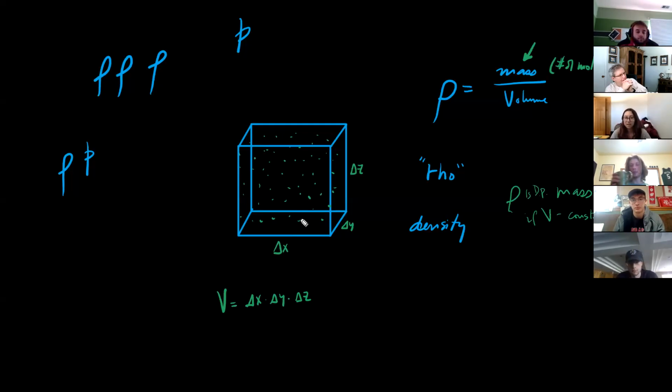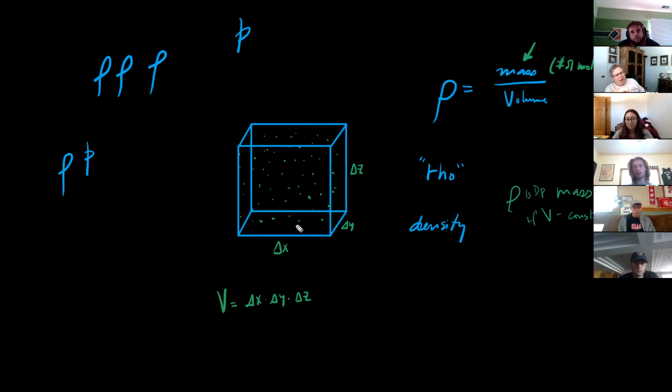Do you agree that density is directly proportional to mass if the volume is constant? But now I want you to show me what you see with this picture. If the volume is constant, then the box would be the same size. So then if the density goes up, then the mass of the particles also goes up.